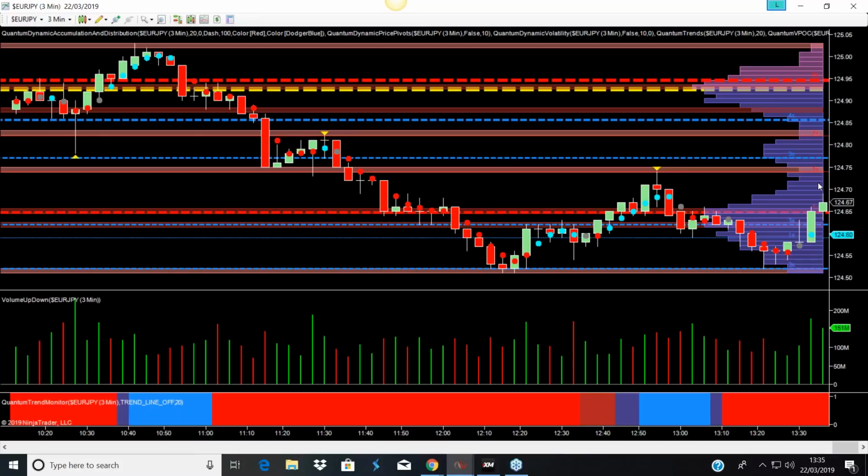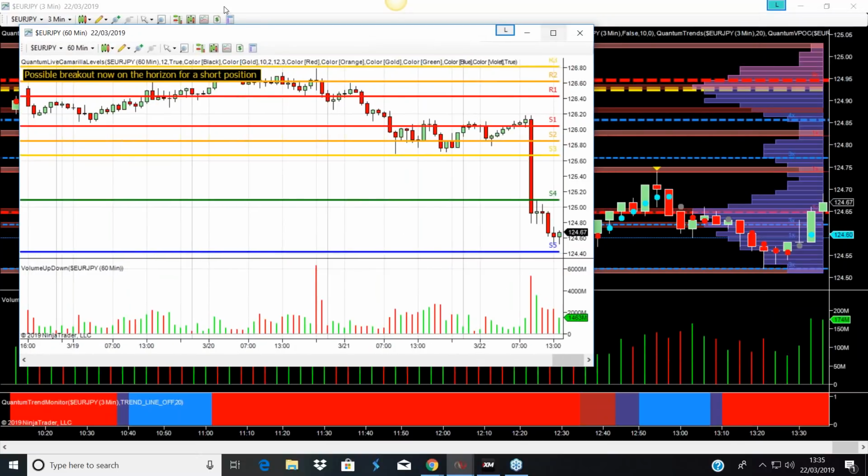You want to get through there with a little bit of speed. Then you've got the support and resistance lines from the accumulation and distribution indicator here at 124.76. Let's have a look. How does that correspond? Let's see if it goes anywhere near back to where we were on the Camarilla.